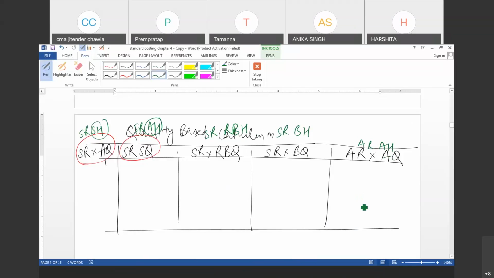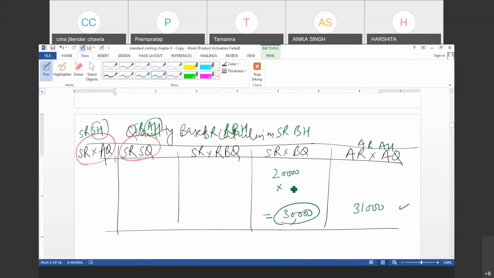This is given to you, 31,000. Yes or no? This is also given to you. Now just check, for producing 20,000 units, you have incurred 30,000 rupees expenditure.